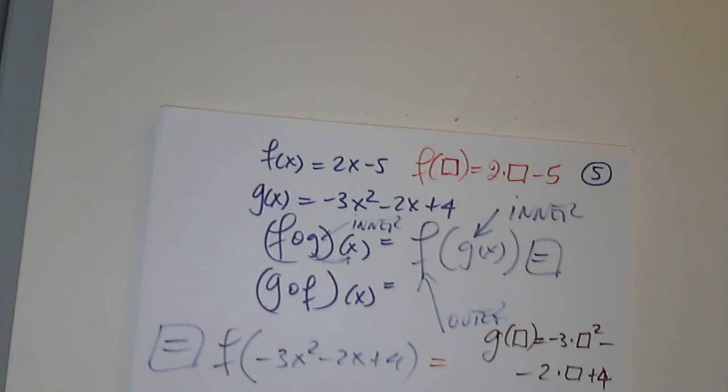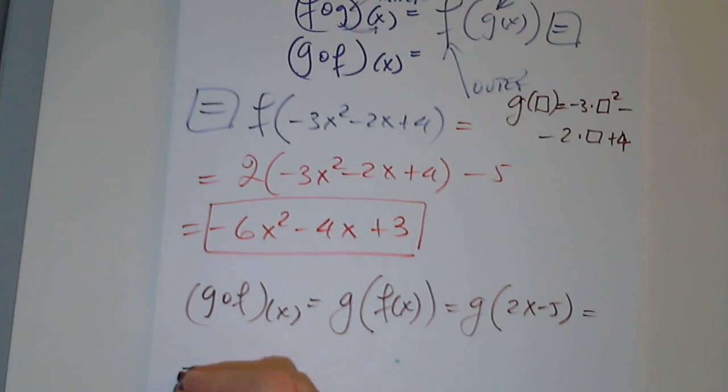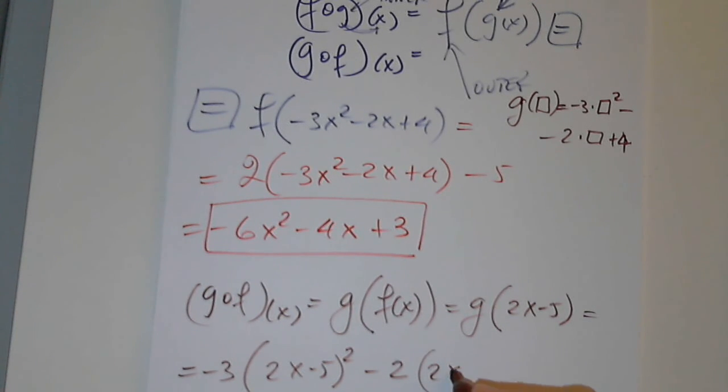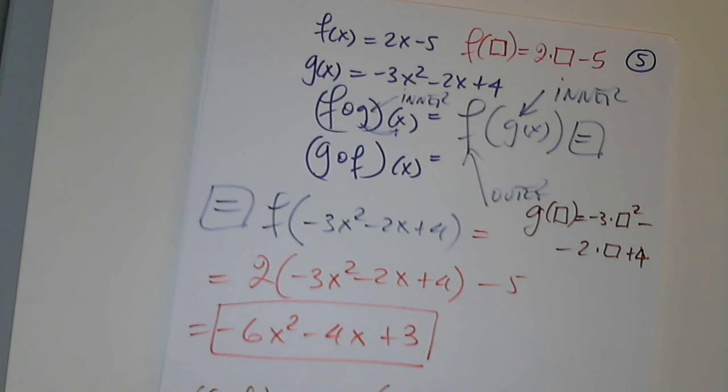I just want to plug it in. So negative 3 times the whatever to the second power, minus 2 times the whatever, and plus 4. When we look at functions, this is what we have to see. We have to see their pattern so we can easily evaluate them for anything.